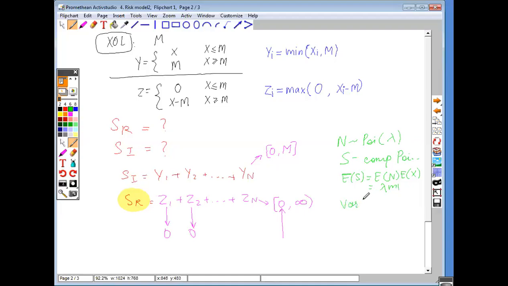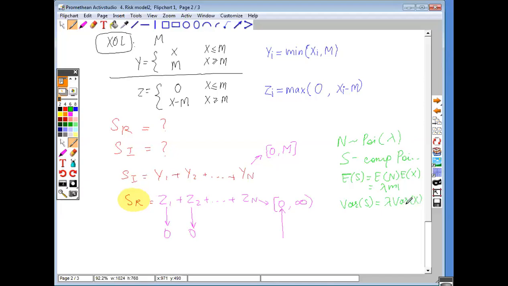Does anyone remember what the variance of S was here, if I am looking at a compound Poisson distribution? Lambda times m2. Exactly. So it was lambda times the second moment of X.